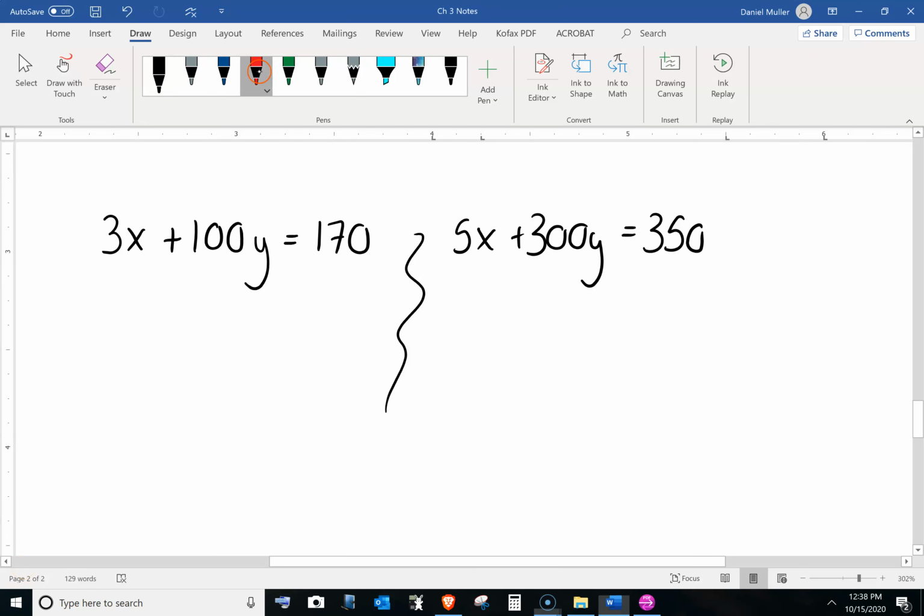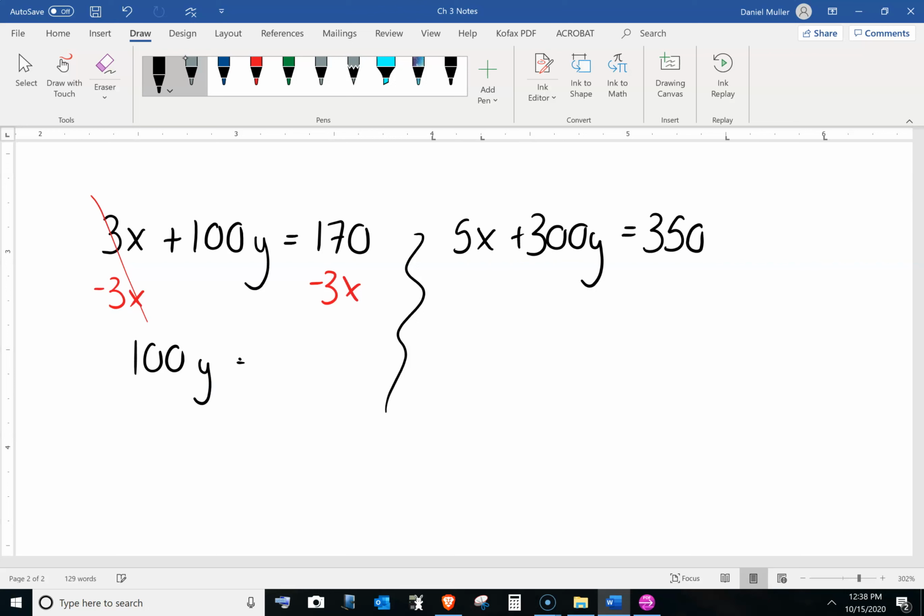So let's start with the left one here. I'll minus this 3x over to the right side. And again, we do not combine like terms. So just a minus 3x plus 170.